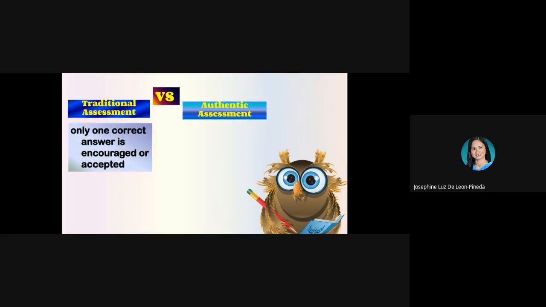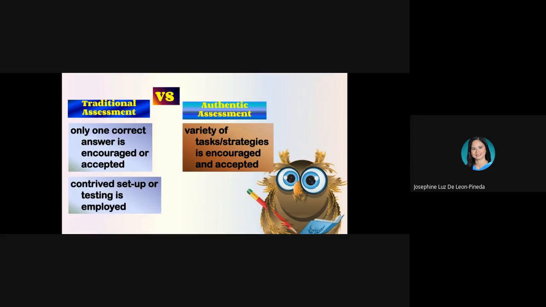So in traditional assessment, only one correct answer is encouraged or accepted, while in authentic assessment, there is an acceptable variety of tasks or strategies, and these are being encouraged and accepted. In traditional assessment, it is said to have a contrived setup for testing. When we say contrived setup, it is not necessarily giving you the direct experience, but it is just a simulation of what is direct.